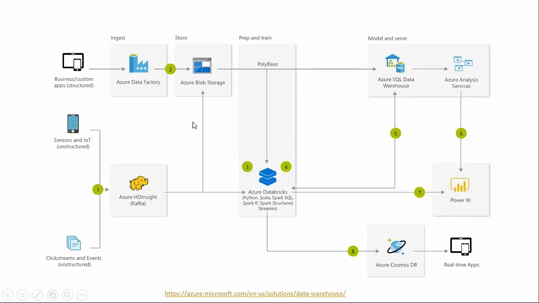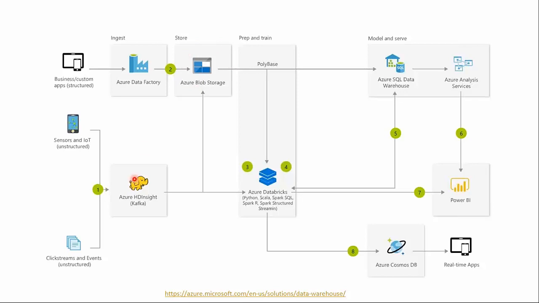Another good example here, if we look at the left side, we have the structured information. We have unstructured information here, but this is IoT information. And in this example, we are using Azure HDInsight Kafka to stream that information to our Azure Databricks to apply machine learning models, as well as to our Azure Data Lake to store the raw information.